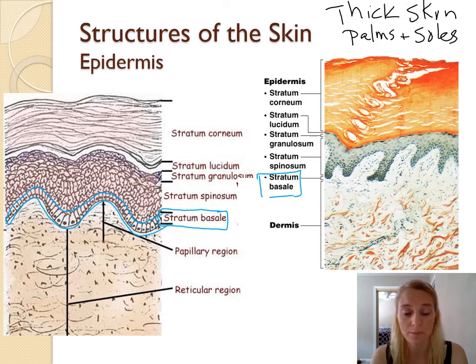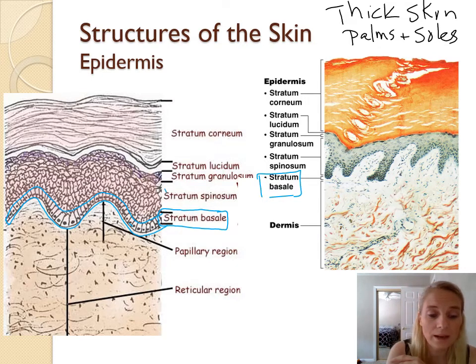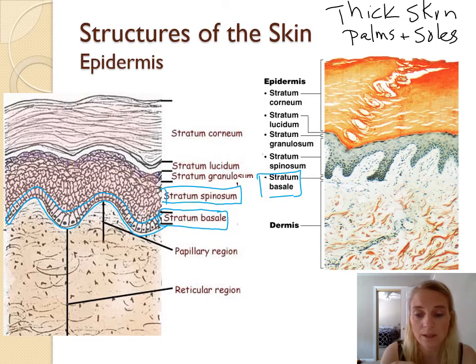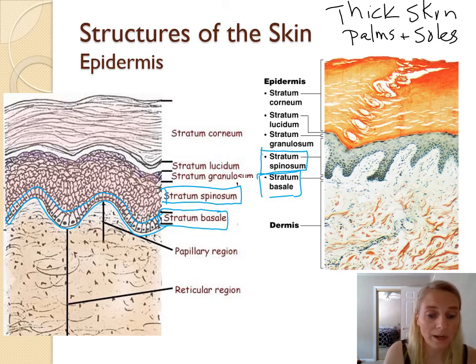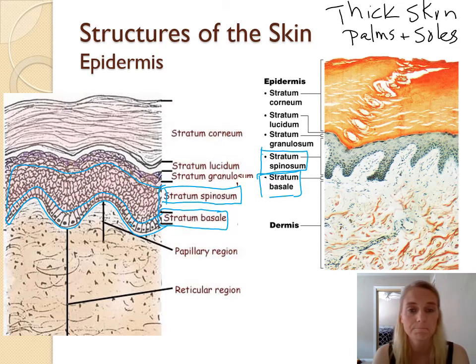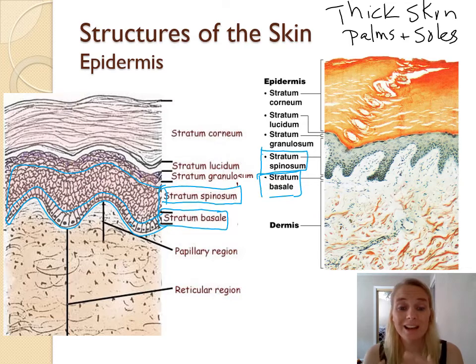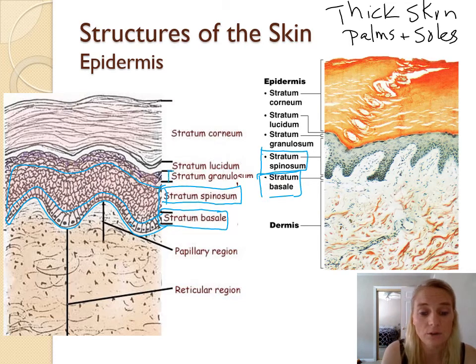Okay, so those are stratum basale. The next layer is called stratum spinosum. Okay, we can see that in the drawing, and we can see that in the micrograph. So stratum spinosum cells are quite a bit thicker. So I'll highlight that, and I'll box that in. So these are the stratum spinosum cells.